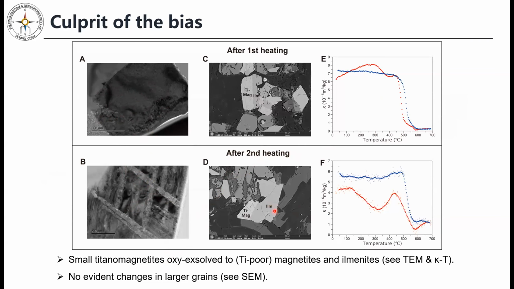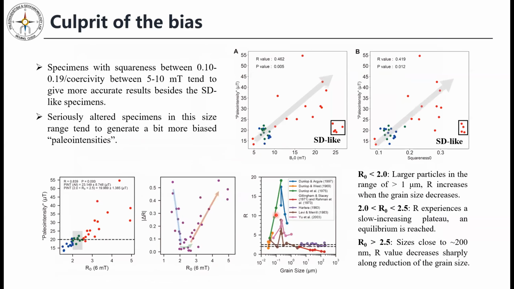And for the larger particles, we do not see any changes. So all these observations are, oh, I forgot to mention one thing. This grain is quite small. It just has a size of about several hundred nanometers. And this observation is quite consistent with what we see in our result.